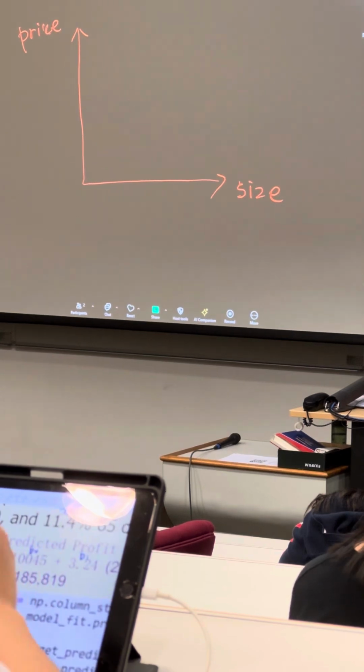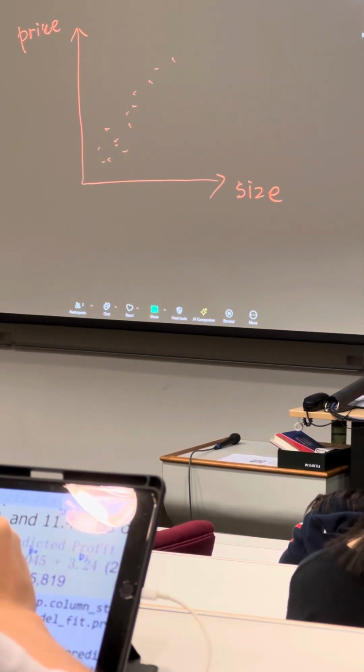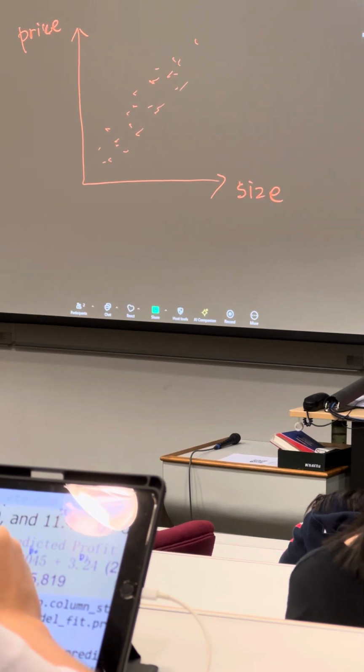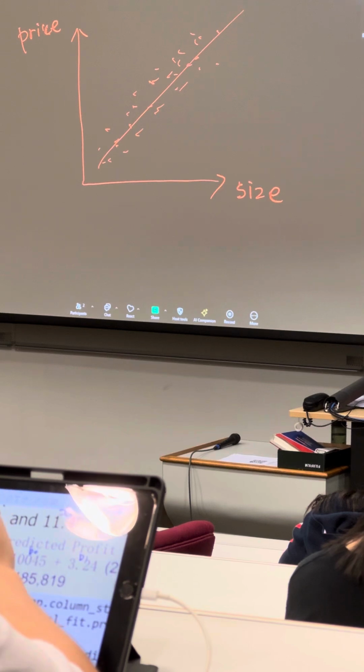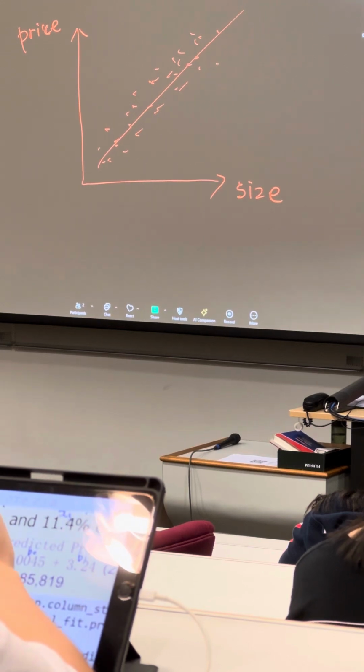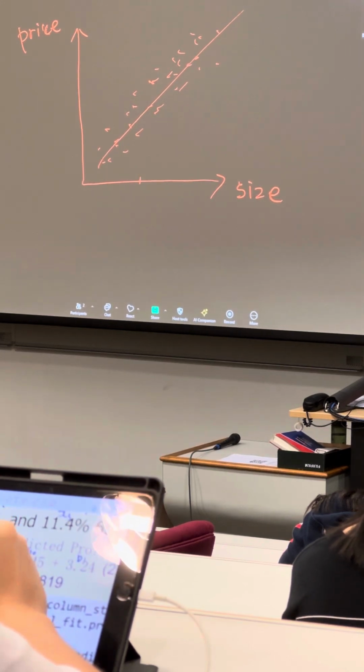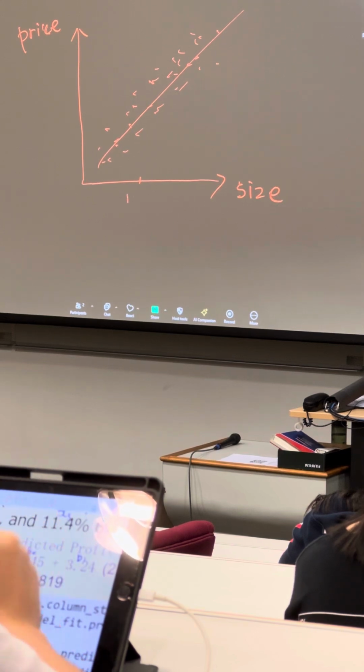You can see that this is a scatter plot, and we will have a straight line that predicts the house price. Now let's say that we are looking at houses where the house size is equal to 1,000 square feet.